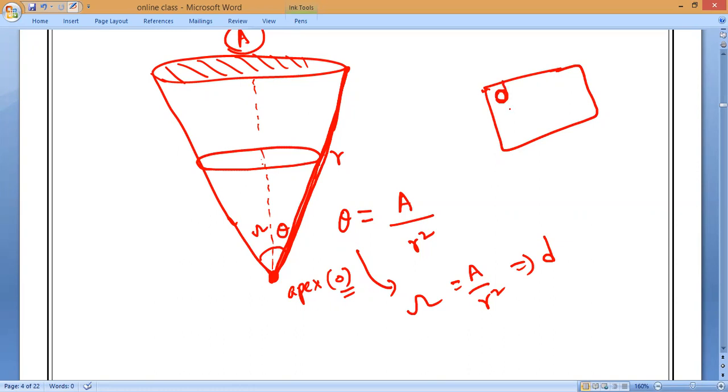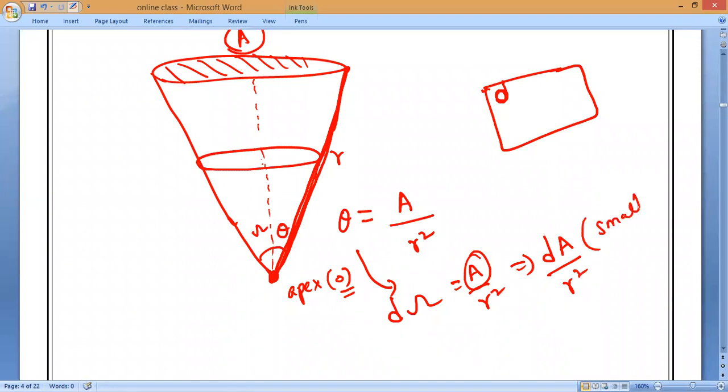So differentiate means I'm considering extremely small parts. Then d omega is equal to, instead of A, I will take dA divided by R square.